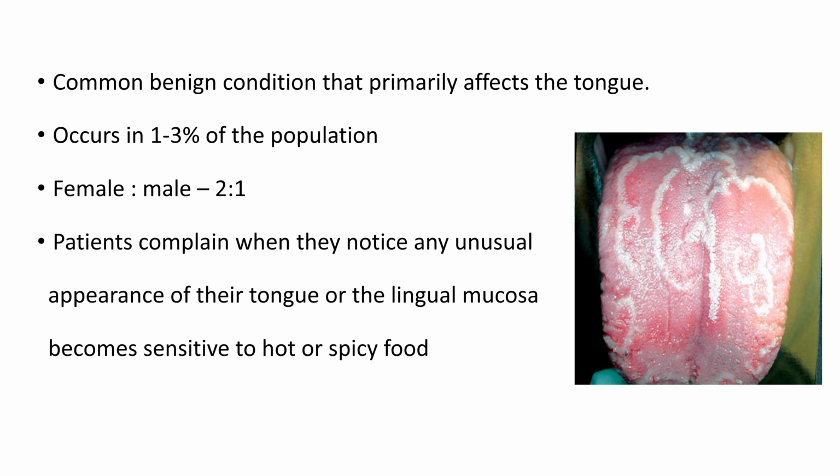Geographic tongue is a common benign condition that primarily affects the tongue. It is often detected on routine examination of the oral mucosa. This kind of lesion occurs in 1 to 3% of the population, and females are affected more frequently than males, in a ratio of 2:1.